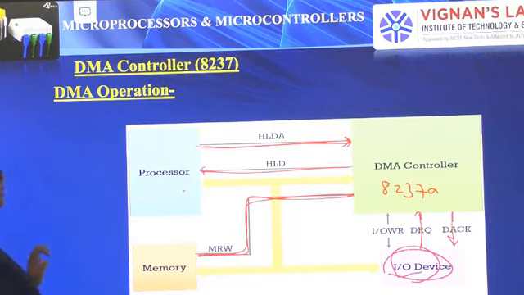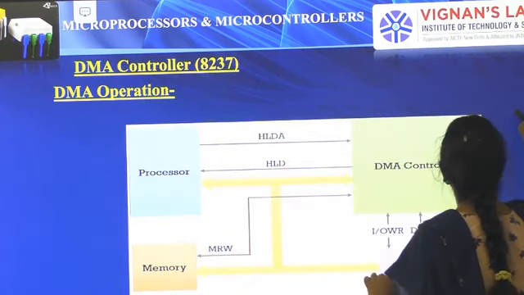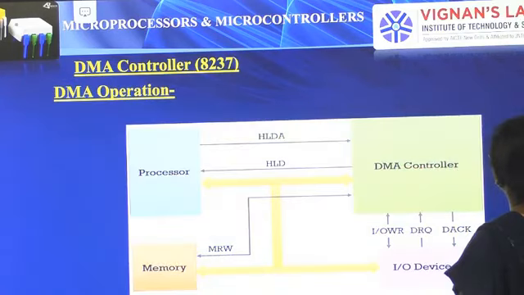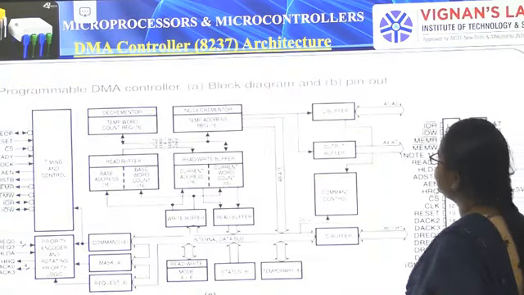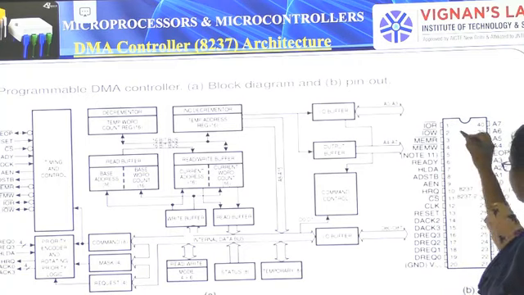Also, these are the steps, and this is a DMA controller block diagram. We have pins from 1 to 40.